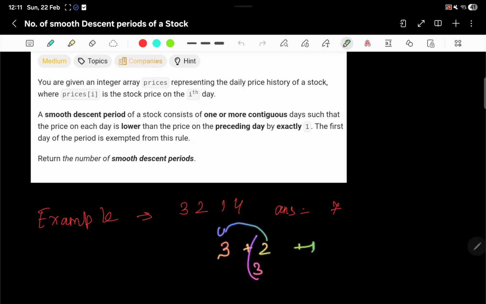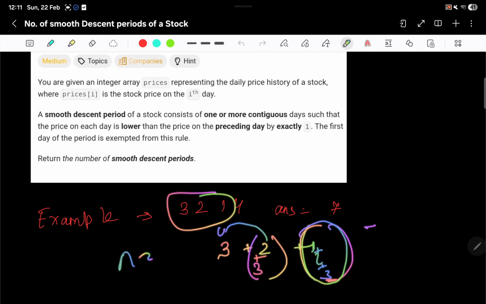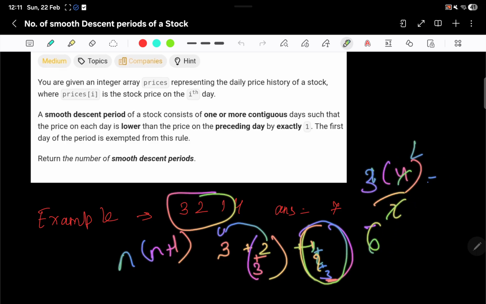So this would be 3 plus, and this would be 2 plus 3, right? Something like this, so the final answer I get would be equal to the formula n into n plus 1 by 2, right? So here 1 plus 2 plus 3 is equal to 6, and 3 into 4 by 2 was also 6, right?